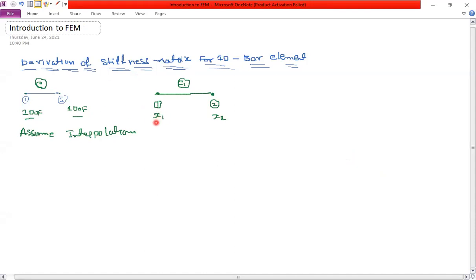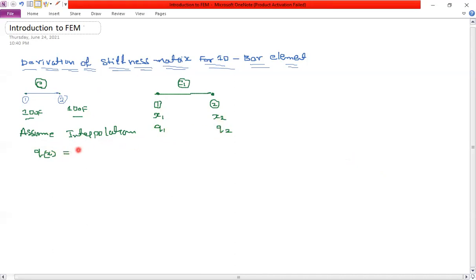At node number 1, where x becomes x1, let us assume it has a displacement q1, and at node number 2, let us say it has a displacement q2. Therefore, it is possible to assume the interpolation function q of x, which means q is a function of x. If x changes, q will change.